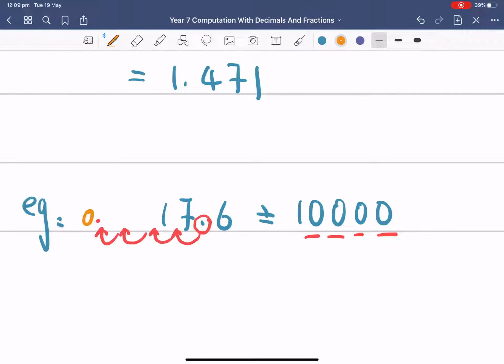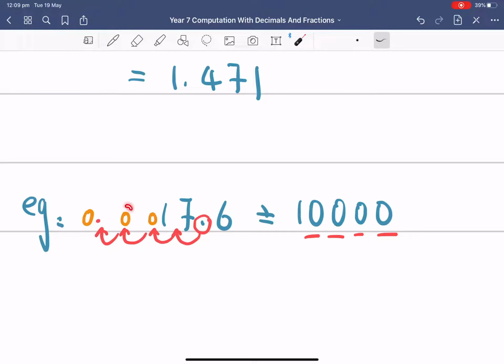There are a couple of ways you can do it. What I normally do is I put the zeros on top of the arrow. So that gives you 1 and 2. Then if you recount, 1, 2, 3, 4, that is 4 places, which is 4 zeros there.